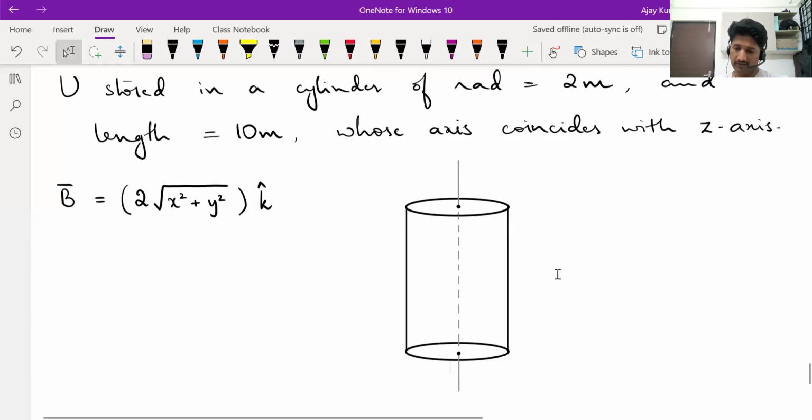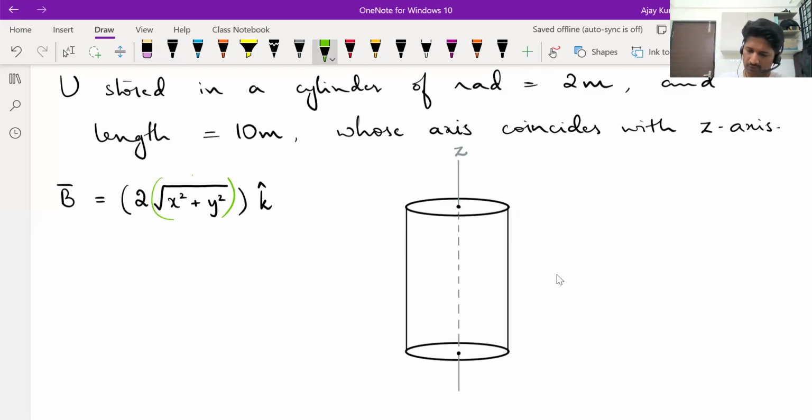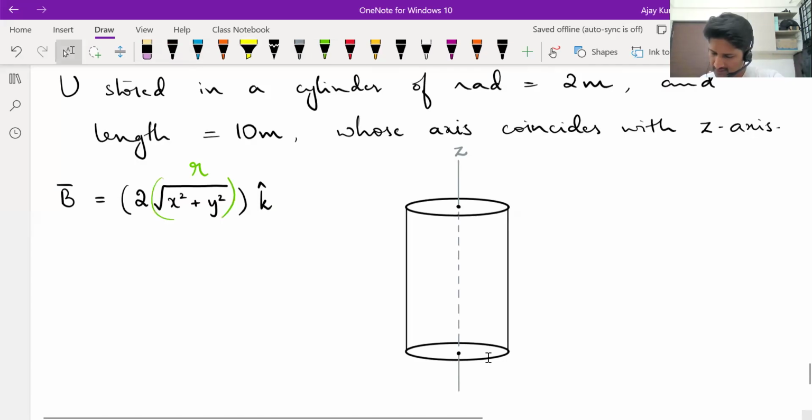Now, how is this magnetic field? It depends on the distance from the z-axis. The axis of the cylinder coincides with the z-axis, right? And the direction of the magnetic field is the z direction itself. And you can see that the magnetic field is proportional to distance from the z-axis. So as the distance increases, the field increases. So you can imagine the field lines like this.